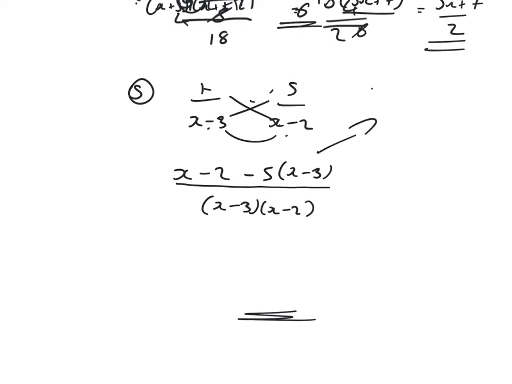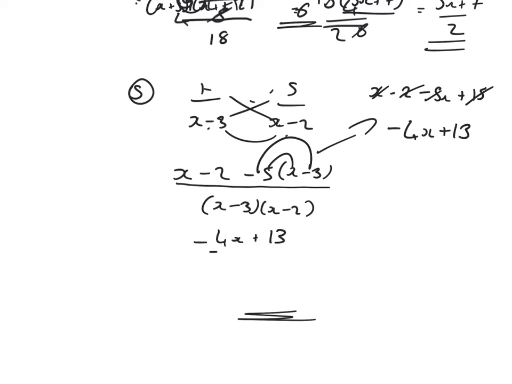Okay, let's tidy that up. x minus 2 minus 5x, and then I've got minus 5 times minus 3 is plus 15. x minus 5x is minus 4x, and minus 2 plus 15 is plus 13. Let's bring that back in. Minus 4x plus 13 over x minus 3 bracket x minus 2. Can I take out a common factor from the top? No, I can't, so that's the final answer.